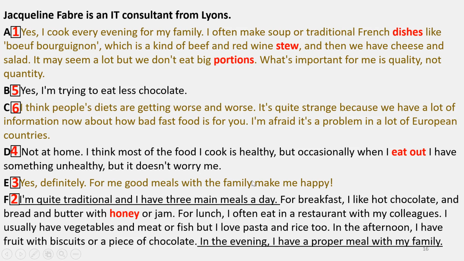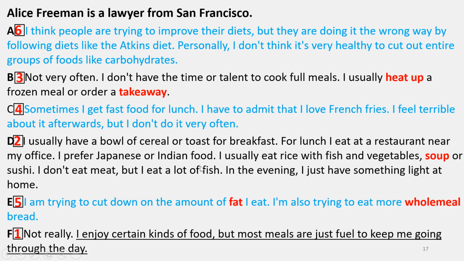If you consider food as fuel, you will skip breakfast or lunch, and you do not care about the main meal so much. And she also said, in the evening, I have a proper meal with my family. Through this sentence, you clearly understand that for Jacqueline, food is a pleasure. Yeah, it's a pleasure for her.